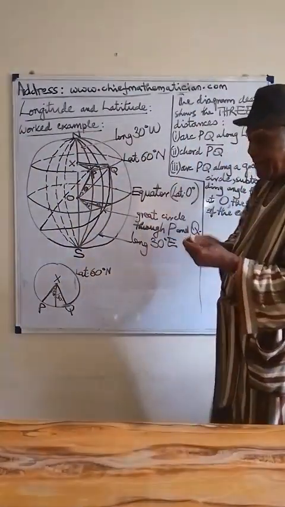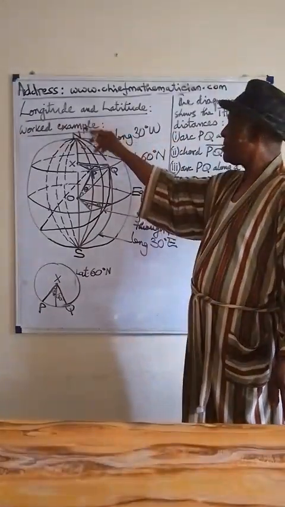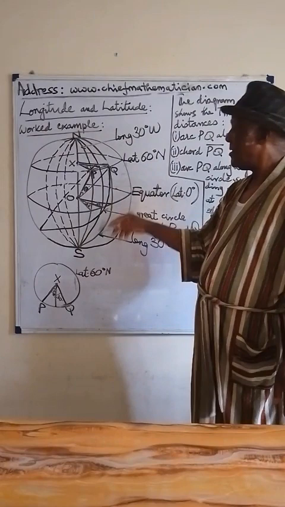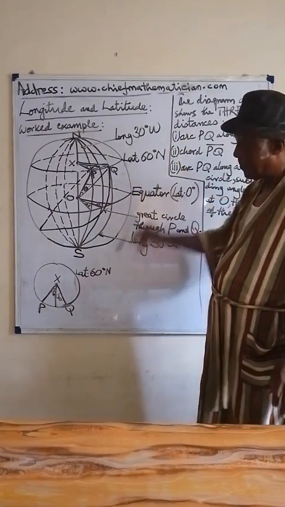The point P lies on longitude 30 degrees west, and the point Q lies on longitude 30 degrees east.